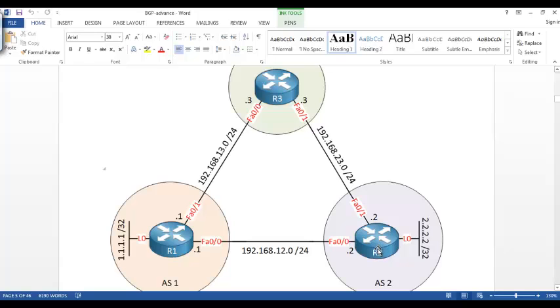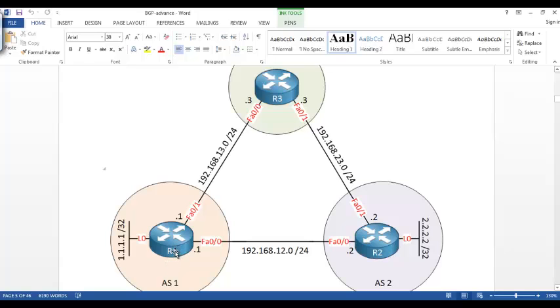To overcome this, we need to tell R1 to use the backdoor, meaning not to use BGP, but to use the other option, which is OSPF in our case. So even though eBGP is 20, when I say on R1 network 2.2.2.2 backdoor, it will figure out the alternate path instead of BGP.